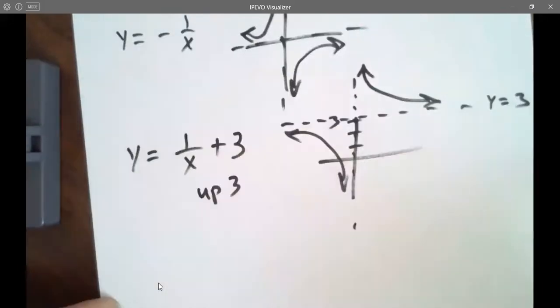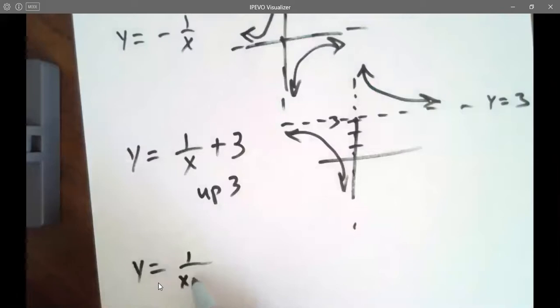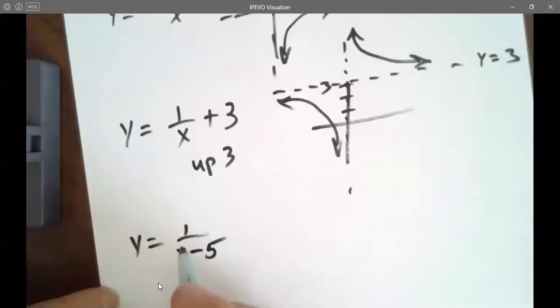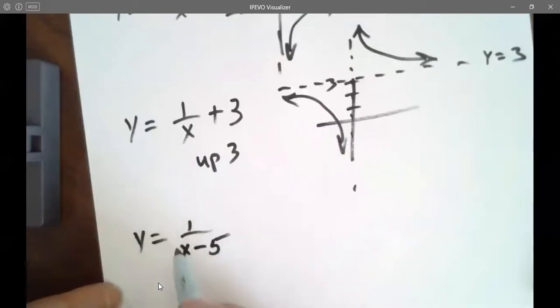Okay? If you have y equals 1 over x minus, let's say, 5, this is like parentheses. So this will shift it left. I mean, right, I'm sorry, right, because it's opposite.